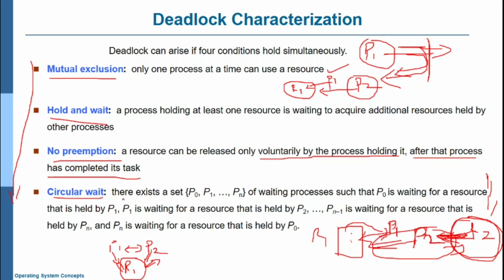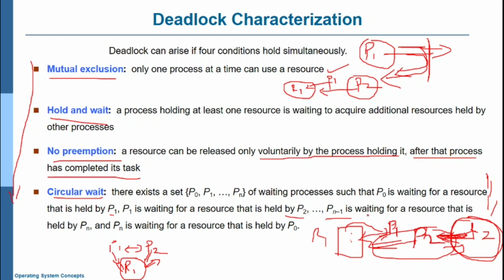Circular wait. There exists a set of waiting processes P0, P1, ..., Pn such that P0 is waiting for a resource that is held by P1, P1 is waiting for a resource that is held by P2, and so on.